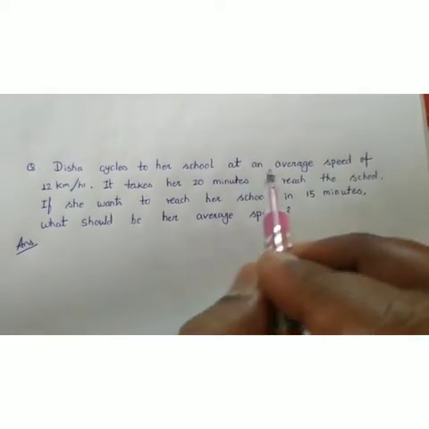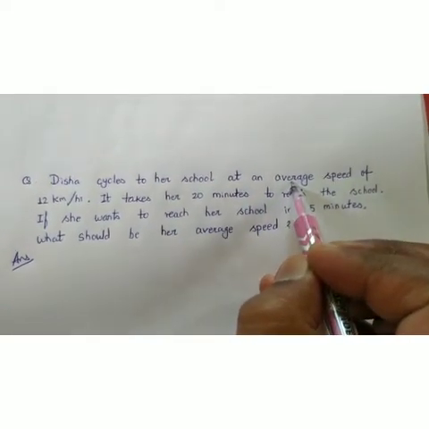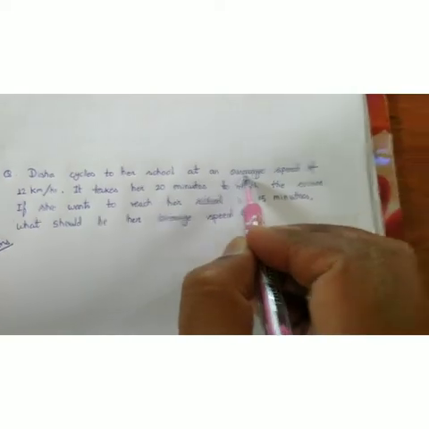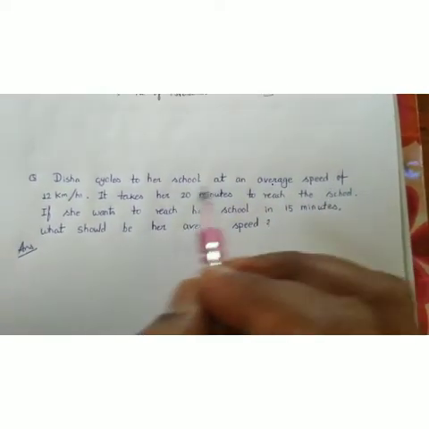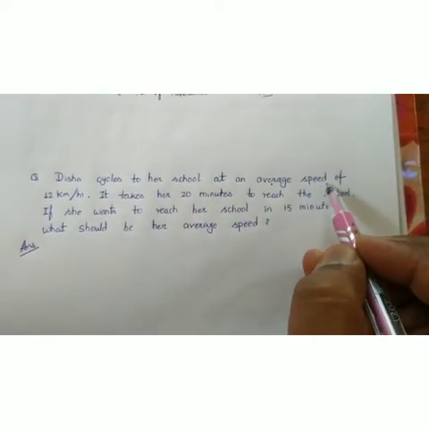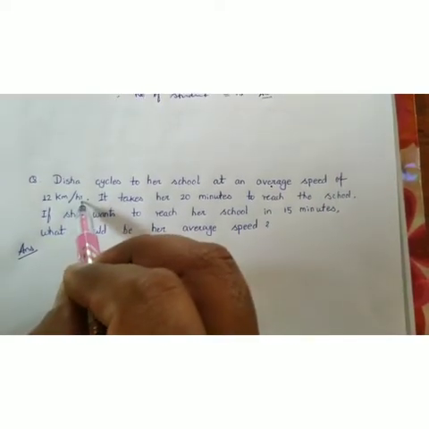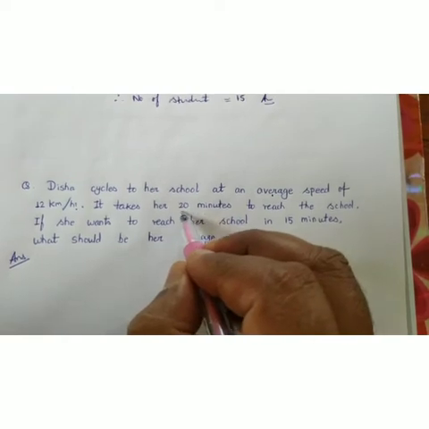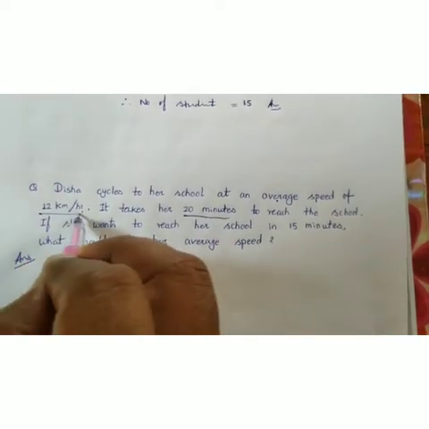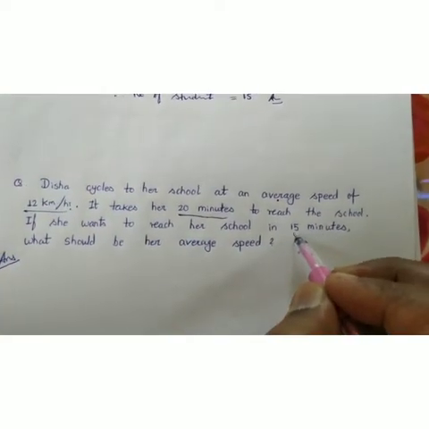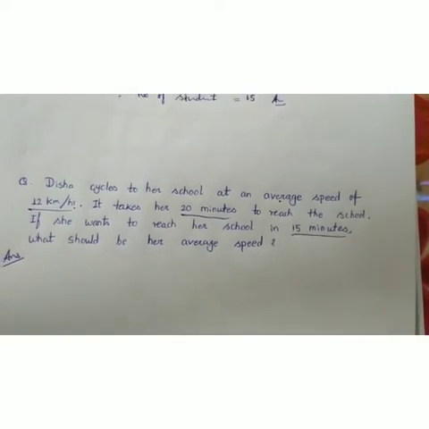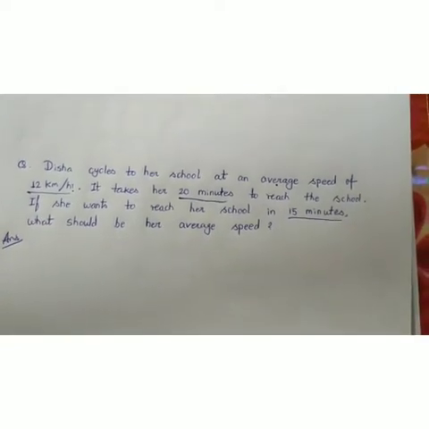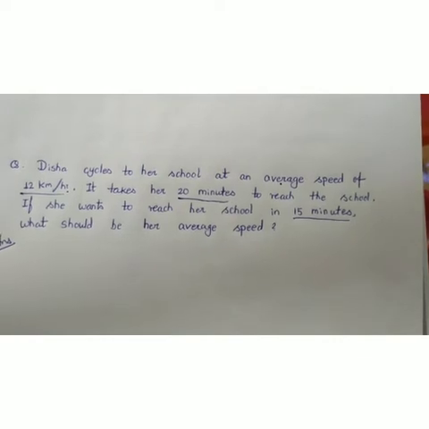Now, she takes an average speed of 12 km per hour, then the time taken by her is 20 minutes. And we have to find her average speed if the time taken is 15 minutes.